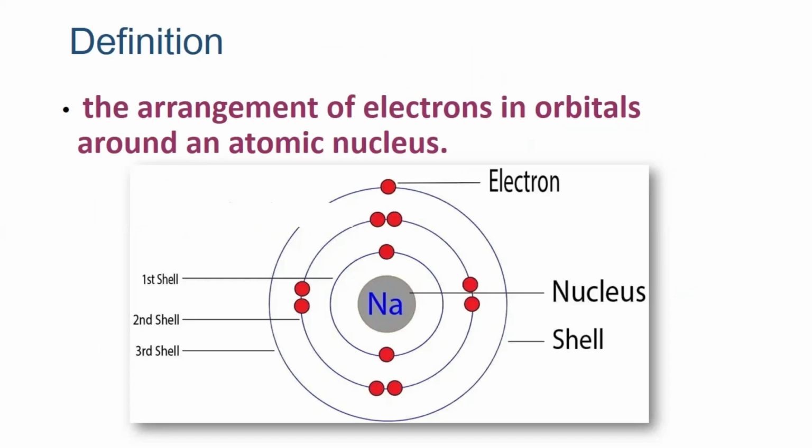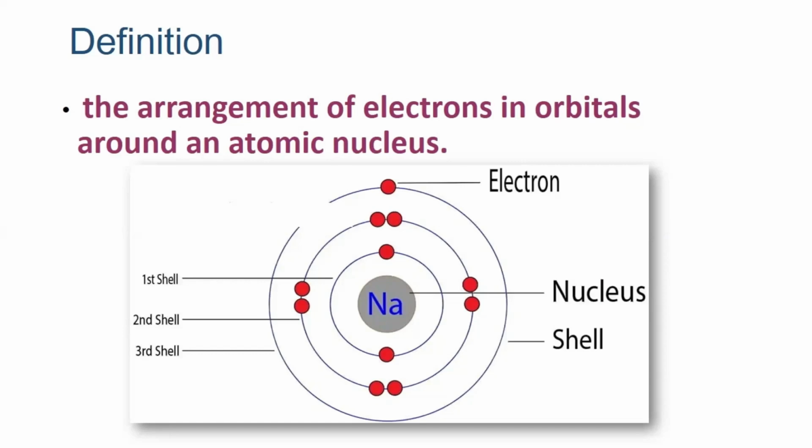For example, when we take sodium atom, it has 11 electrons, and this diagram shows how those electrons are arranged. These electrons are arranged in the space around the nucleus of an atom. Then what is the name given for those orbits, energy levels, or electron shells?